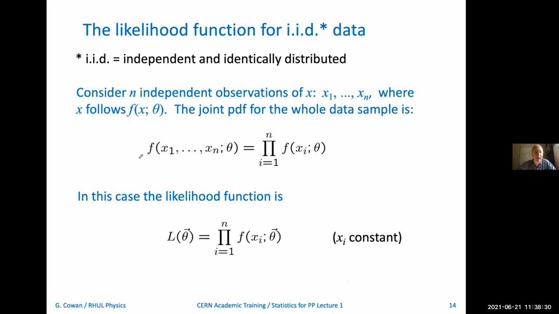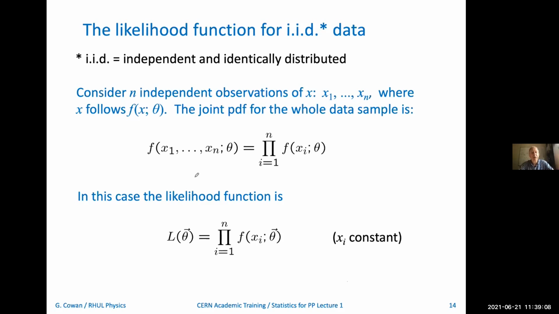And I want to then write down the joint probability for all of them. Well, because I've insisted here that they're independent, then remember the idea of being independent is that the probabilities factorize into the product of probabilities for each of the individual measurements. So that means that the joint PDF for this entire sample is just given by the product of f of x sub i, where this is the PDF for just one of the x's. That equation there is the hallmark of an IID data sample.